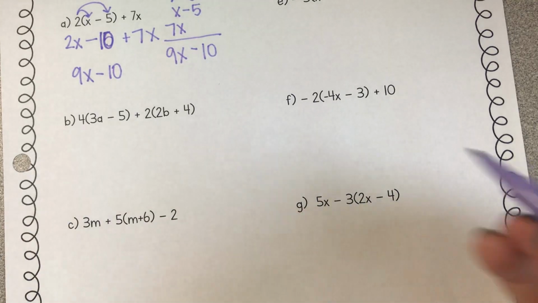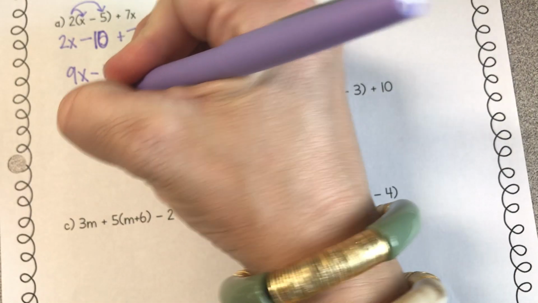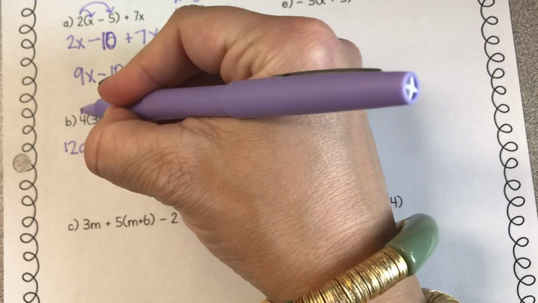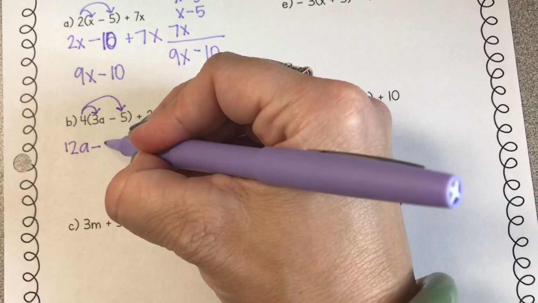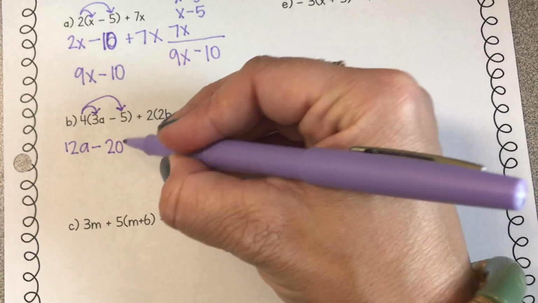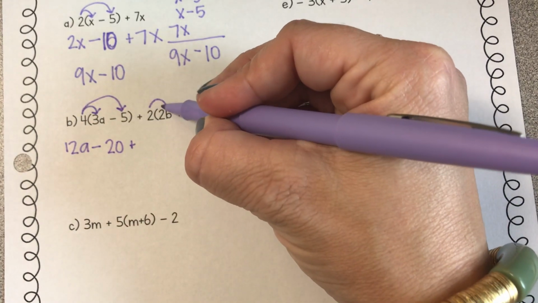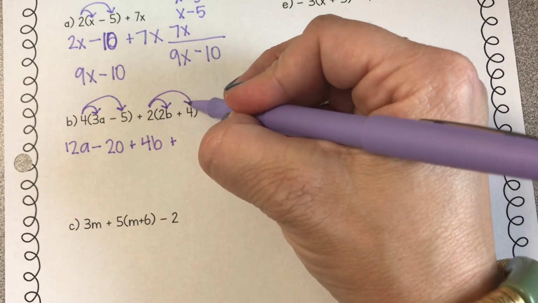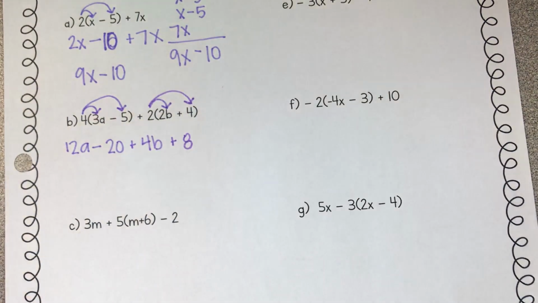Okay, let's look at letter B. I have distributive property. 4 times 3a would be 12a, minus 4 times 5 is 20. This is a plus sign. 2 times 2b is 4b, plus 2 times 4 is 8.